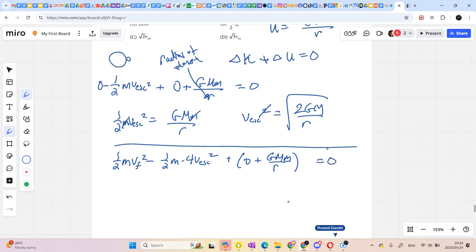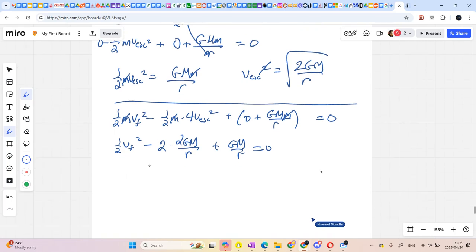So all we're really doing now is solving for all of this. Before I keep going, I'm going to drop all of these m's out of the equation. 1/2 v final squared minus 1/2 times 4 v escape squared, which is 2 times 2GM over r, plus GM over r is equal to 0.